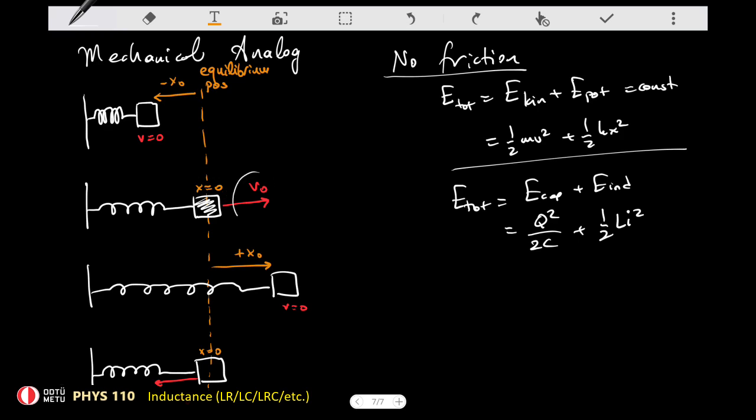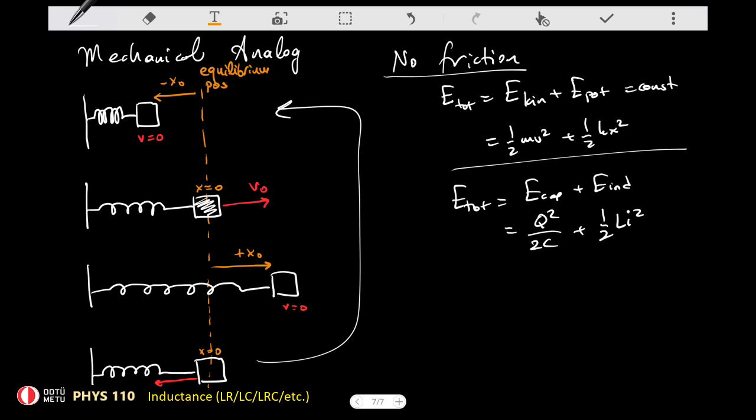At that point, the speed is maximum. That's the point where all the energy is converted into kinetic energy. Then at a later time, all the energy is converted back into potential energy, where the kinetic energy becomes 0 again. Then there's a point where again the potential energy is 0 and kinetic energy is maximum. And then finally, we go back to our initial situation. After one period, we are back at the initial state.